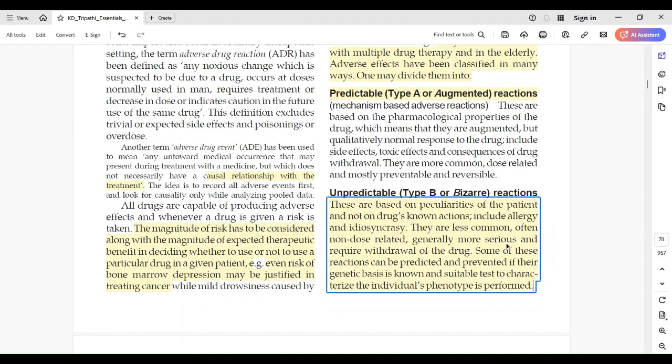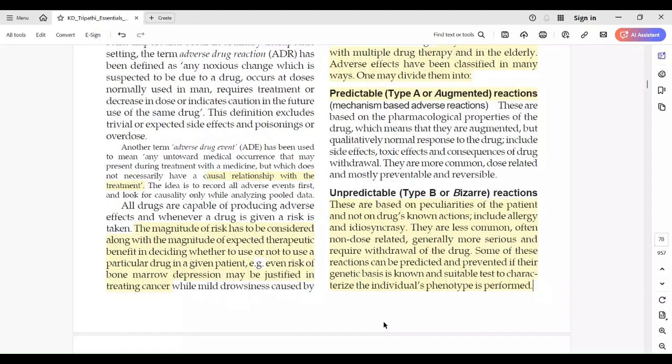They are generally more serious than the predictable reactions and require withdrawal of the drug. We can't continue giving the drug if unpredictable reactions occur, because they are serious and can be fatal if you continue the dosing.